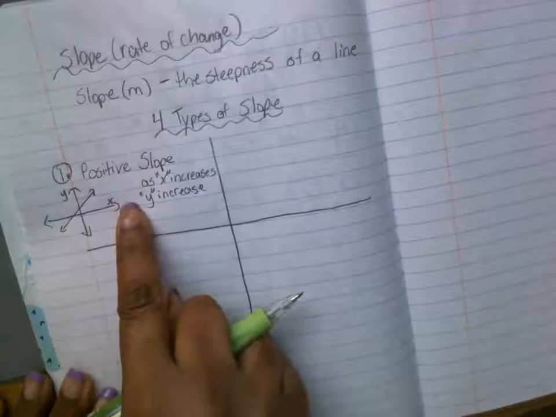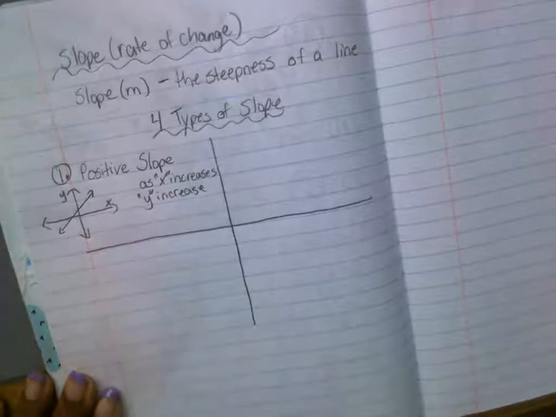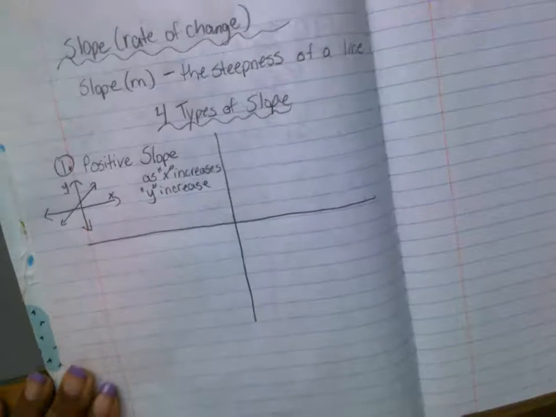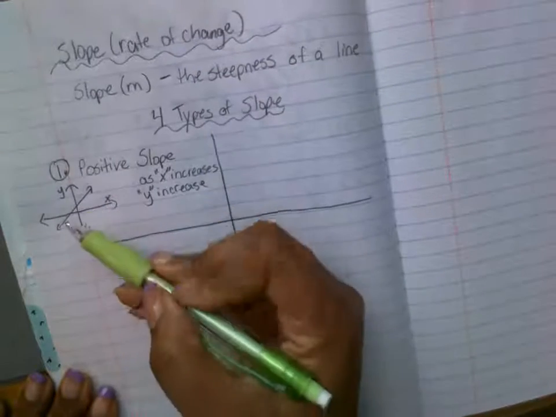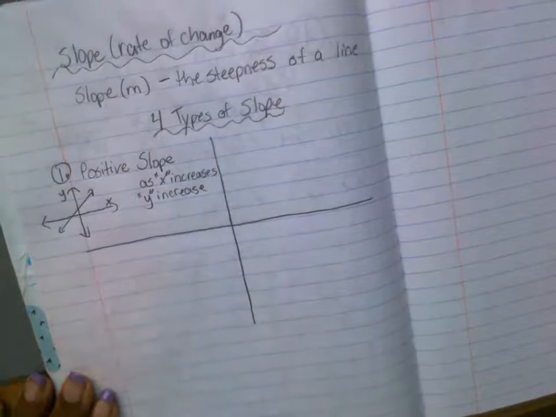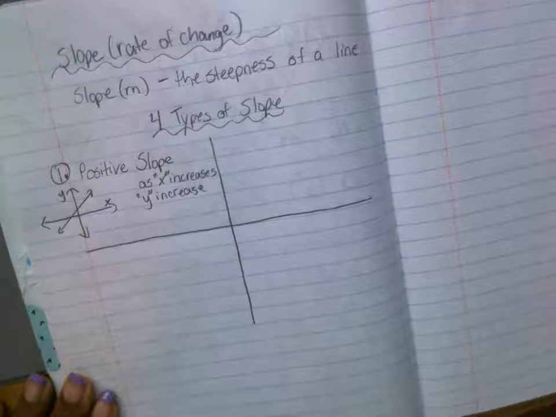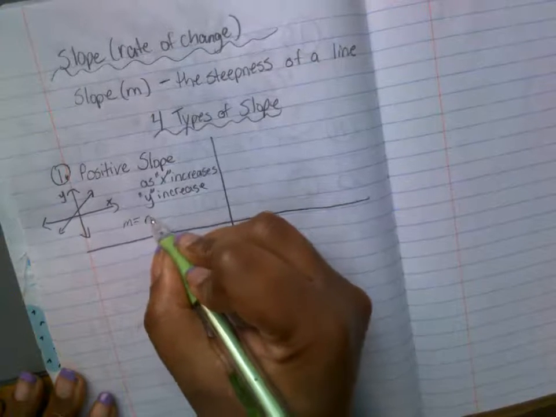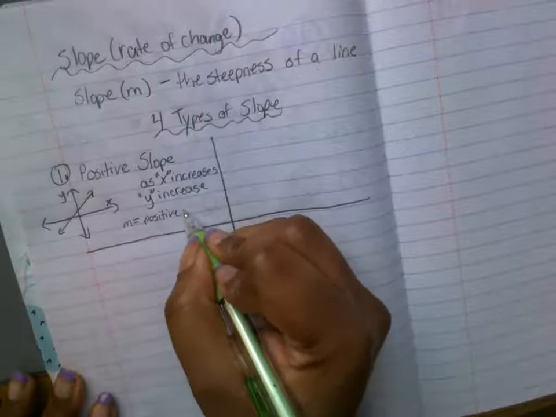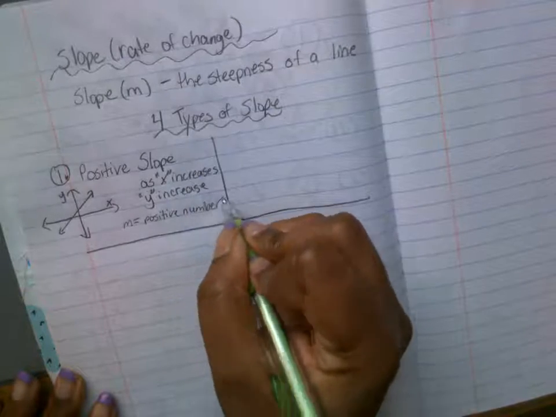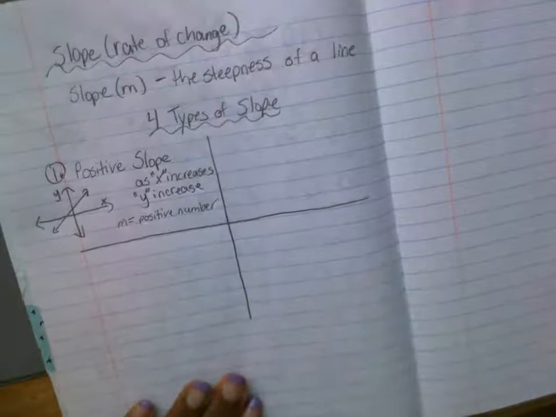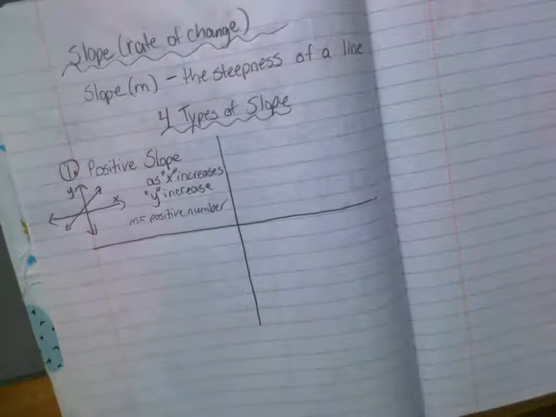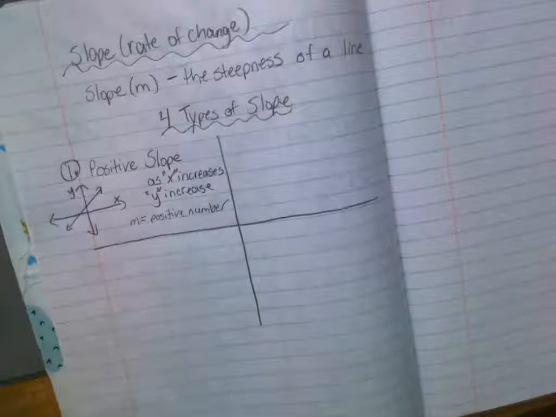It's y that's either going to increase or decrease. So positive slope is when your line is going up. M is going to equal a positive number. This is an example of what a positive slope of a line looks like when the line is going up.